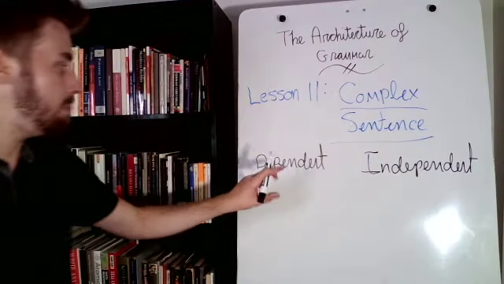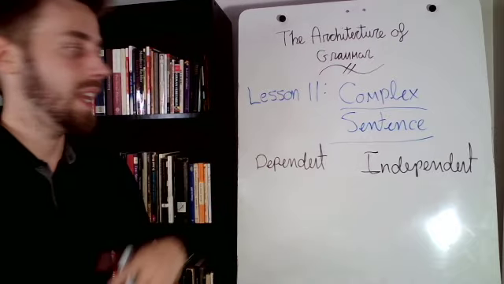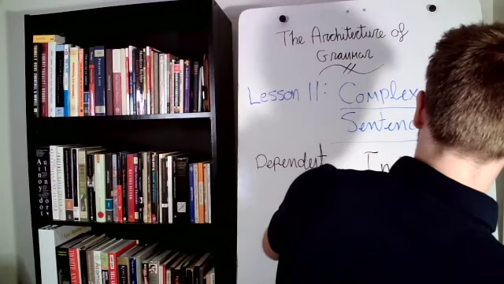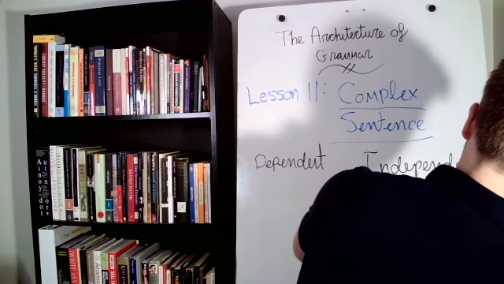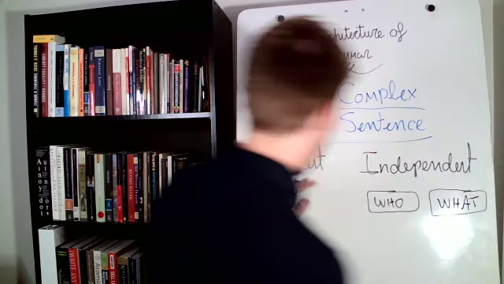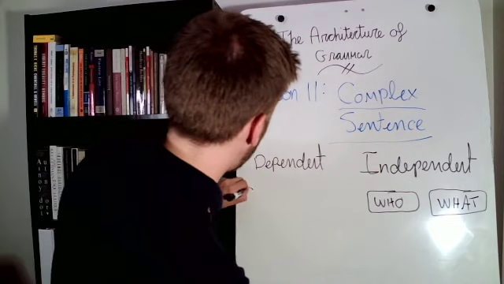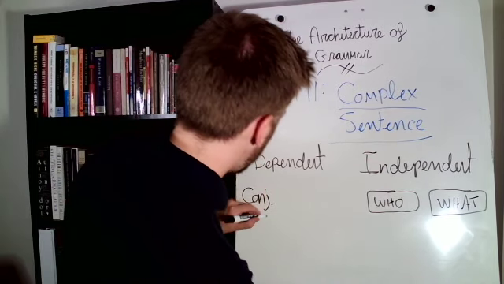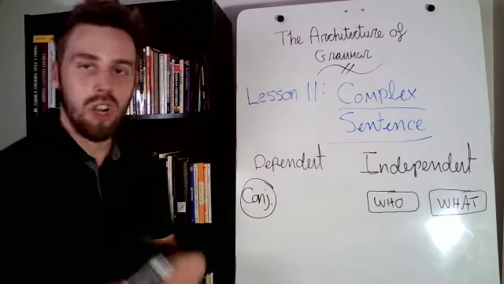Now remember, both in the dependent and the independent, we always have the who and the what. The difference, though, is that when it comes to the dependent clause, there is also a conjunction. So this could be before, after, although.